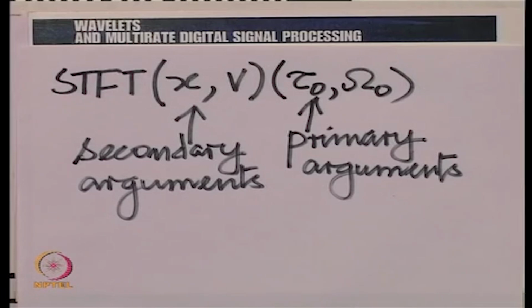In the Fourier transform, the primary argument is the frequency, the angular frequency, capital omega. The secondary argument is the function whose Fourier transform is being calculated. So, when you calculate the Fourier transform of x(t), the secondary argument is the function x. The transform is the whole operator. It takes this function x as a secondary argument and the primary argument is the angular frequency.